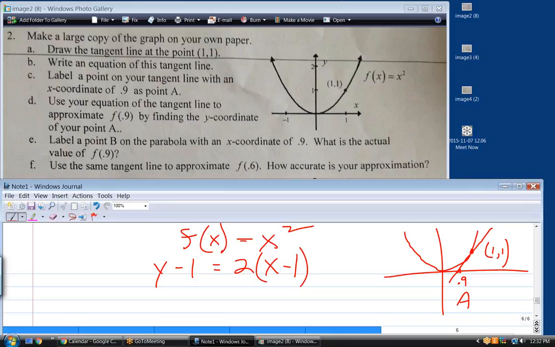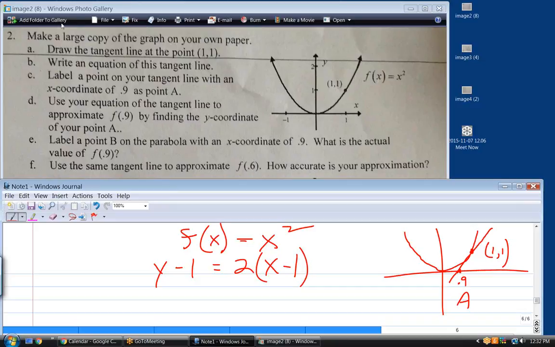And label that A. Use your equation of the tangent line to approximate f of 0.9 by finding the y-coordinate of your point A. So is that just plugging 0.9 into the tangent line?